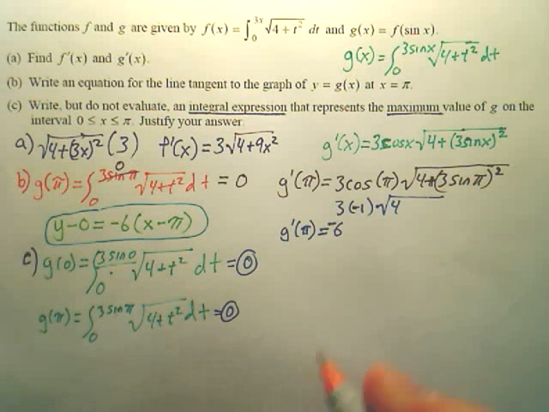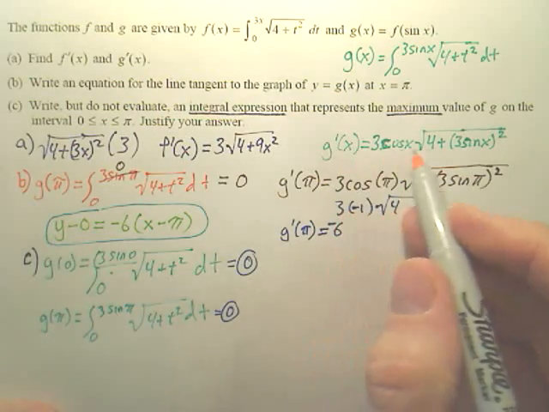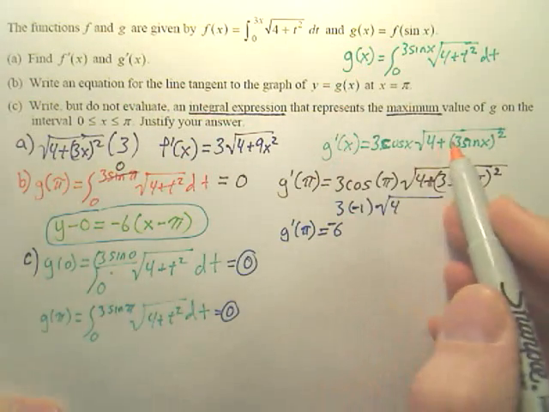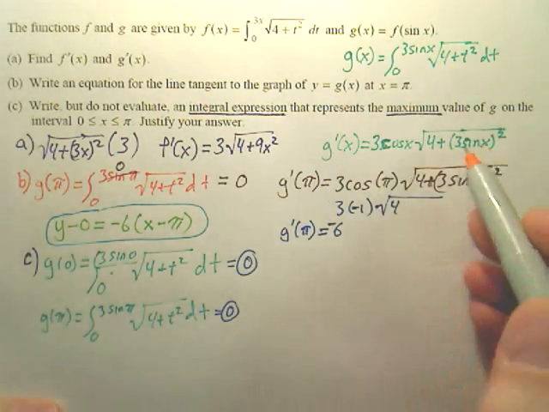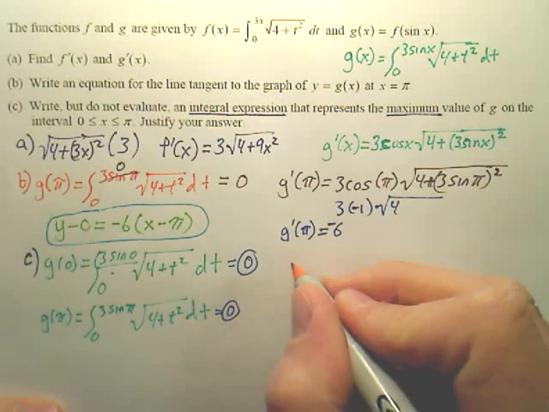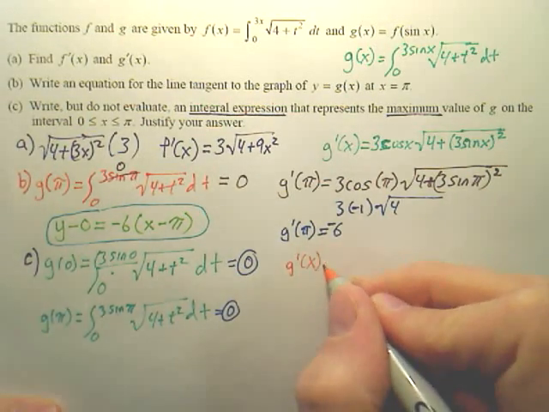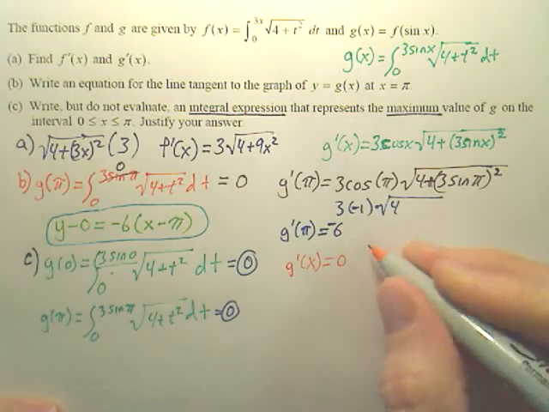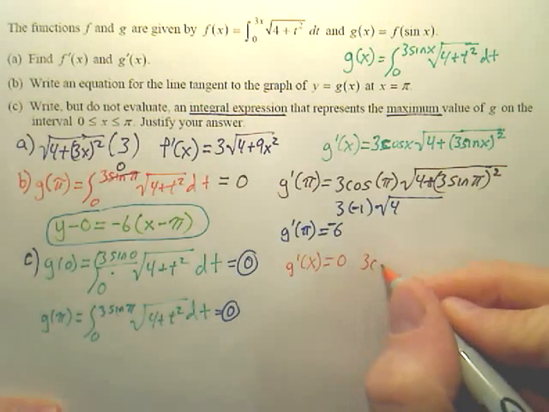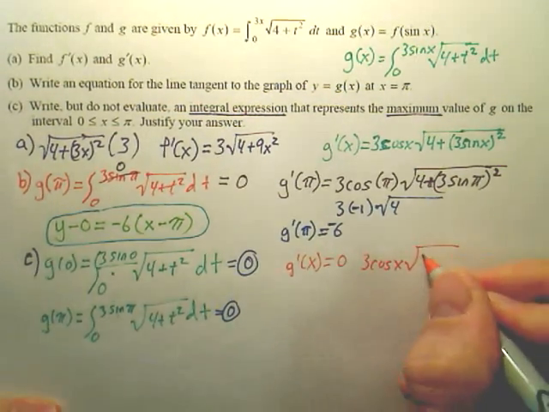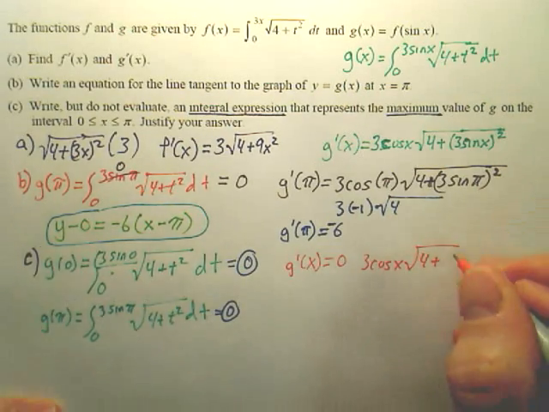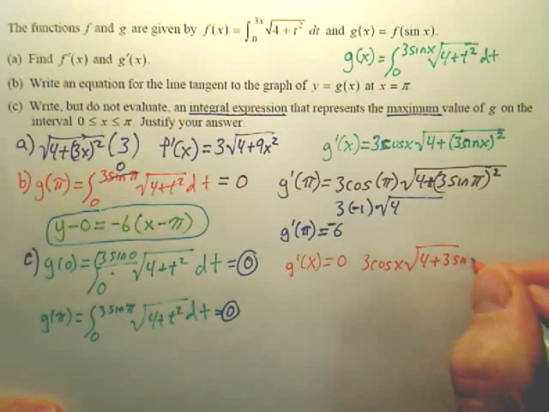Well, to find a max or min, don't you have to take the derivative, which is right here? Aren't we going to set this value equal to 0? So we're going to take g prime, set it equal to 0. So we're going to take 3 cosine x times the square root of 4 plus 3 sine x squared.